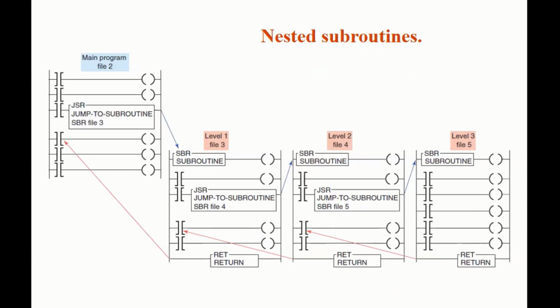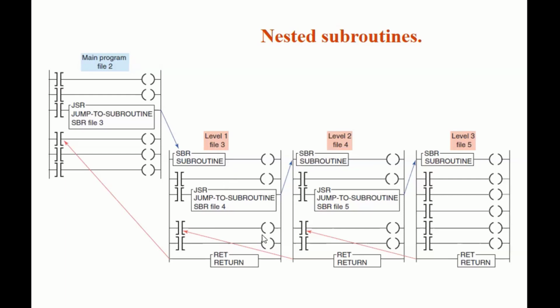So subroutines can be nested, just like timers and counters can be nested or cascaded. You can nest or cascade subroutines. You can see here that we have a main file program 2 that has a subroutine 3, right? And that's level 1 file 3.